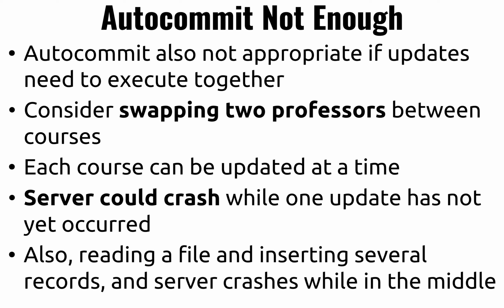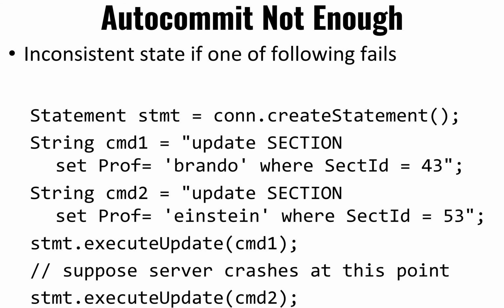So yeah, autocommit is not enough. We're looking at the original example of swapping two professors. One transaction is updating the number of sections that a particular professor is enrolled in, and it wants to decrement those sections as it swaps them between the different sections. Meanwhile, a different transaction might be calculating the number of sections.